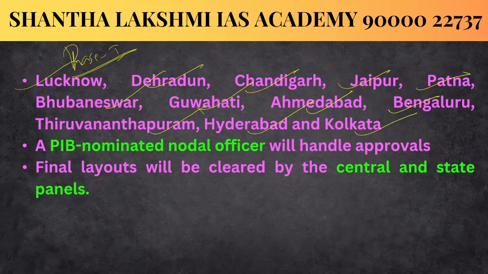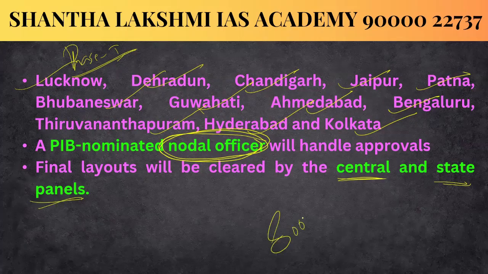And who will handle the approvals? The PIB-nominated nodal officer will handle the approvals for building the Suchna Bhavans, and the final layouts will be cleared by the central and the state panels. So remember, Suchna Bhavans means a building aimed at strengthening regional communication. It will house communication-related organizations or institutions like PIB, CBC, CBFC and so on.